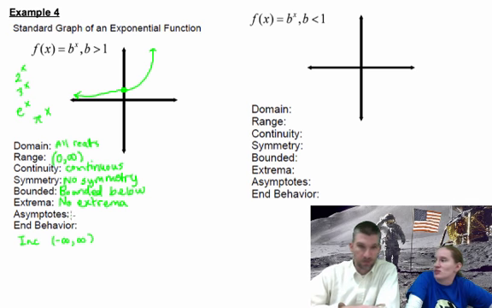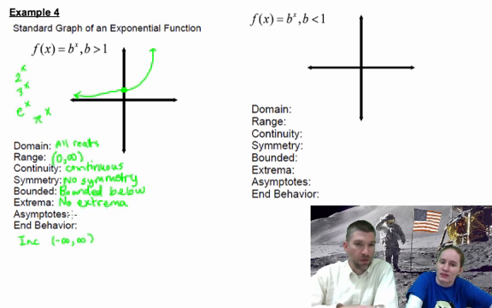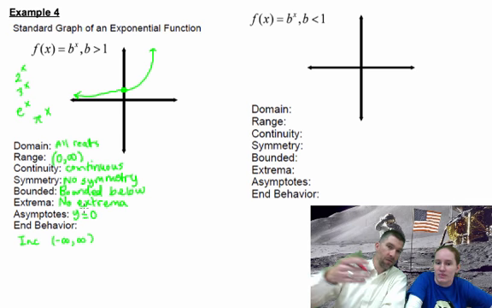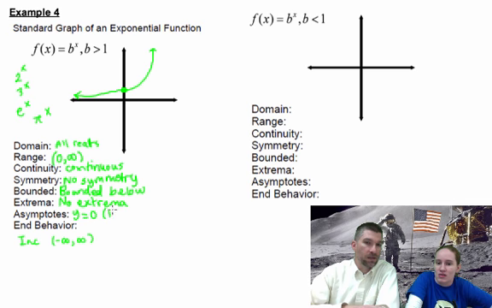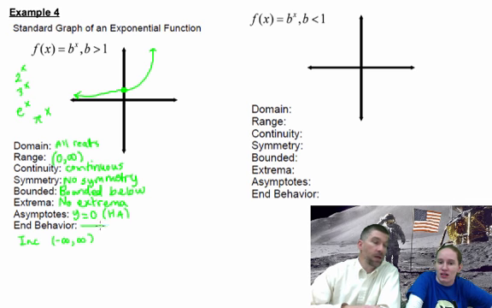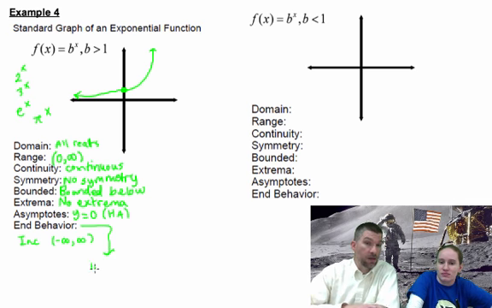Asymptotes. There is an asymptote at y equals 0, because when you look at negative infinity, there is a limit there of 0, which indicates a horizontal asymptote. So for end behavior, as x is going to negative infinity, that's the one we want, right?